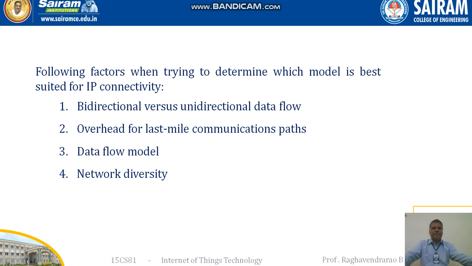How is this adopted? Let us see the factors when trying to determine which model is best suited for IP connectivity. There are four factors: bidirectional versus unidirectional data flow, overhead for last mile communication paths, data flow model, and network diversity.